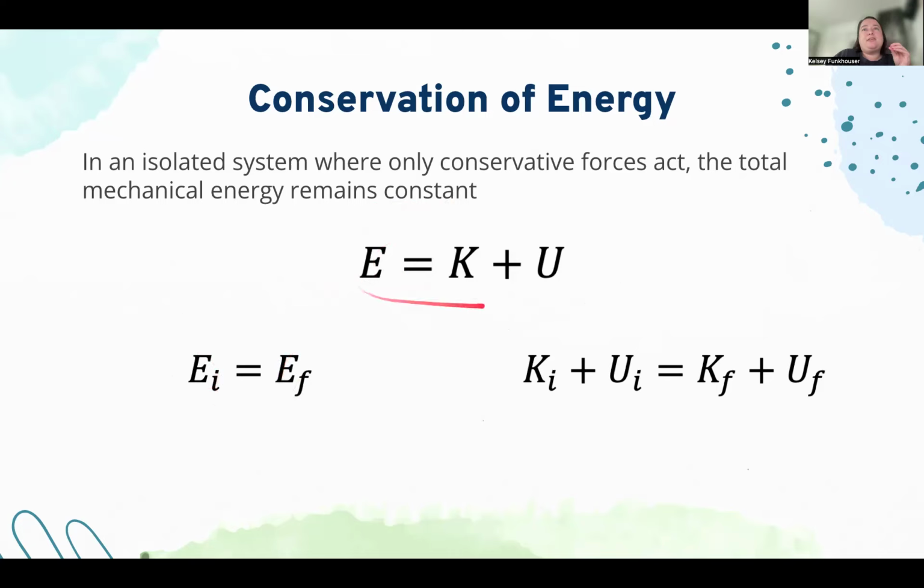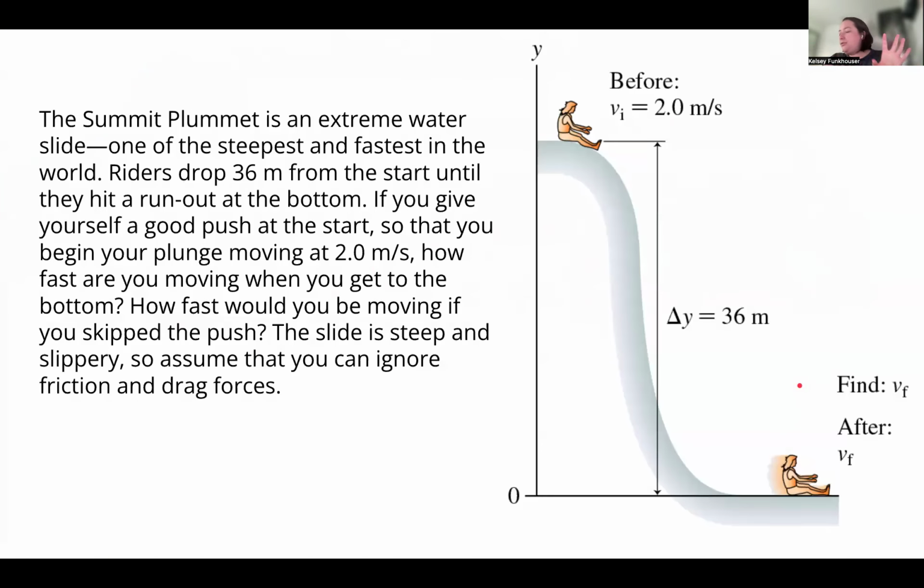And since this mechanical energy equals the kinetic plus the potential, we also get this relationship where the initial kinetic plus initial potential equals the final kinetic plus the final potential. And I will show you why this is useful and important with this next example. I'm going to talk you through it and then we'll move to work on it.